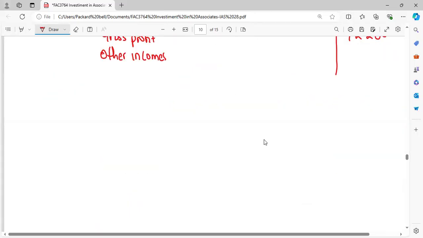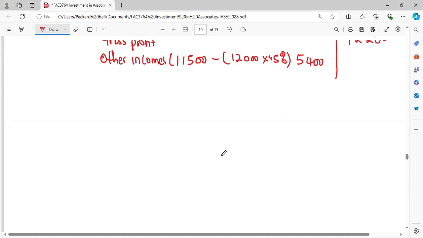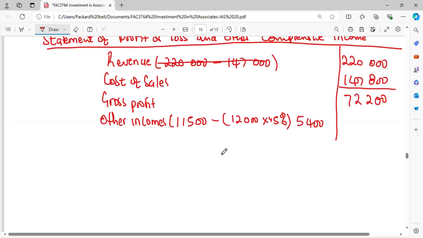So we are going to have 11,500 minus 12,000 times 45%, which is going to be 5,400. We have already calculated this one. So how much is going to be our other incomes here? We just subtract 11,500 minus 5,400 is going to be 6,100. So this one is going to be 6,100 other income.